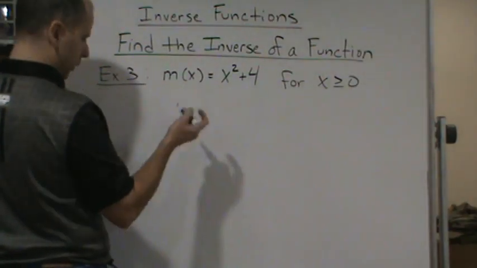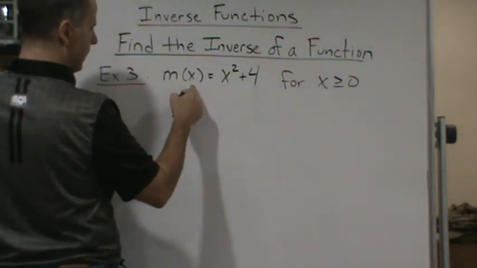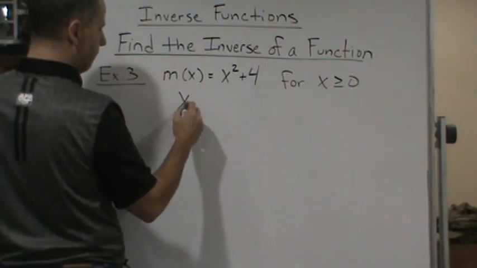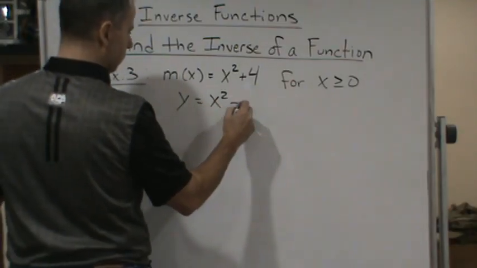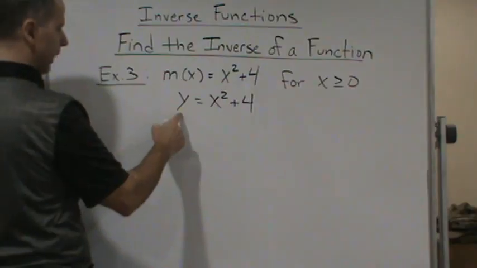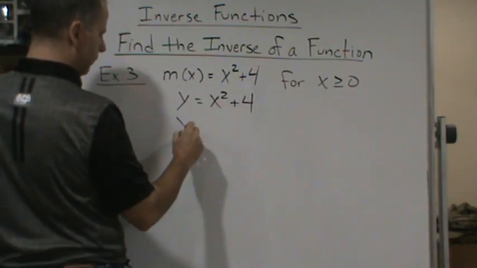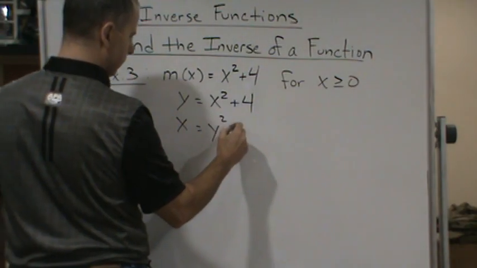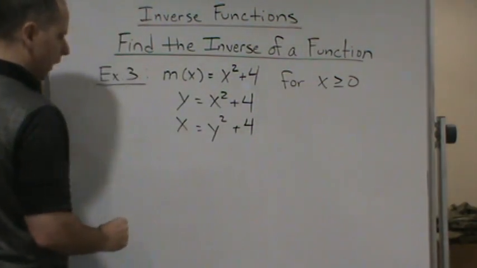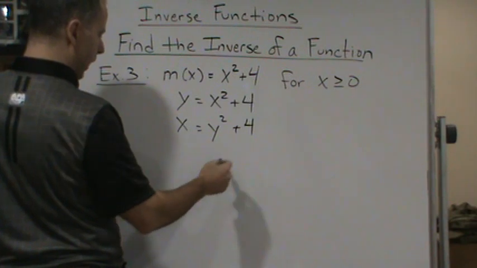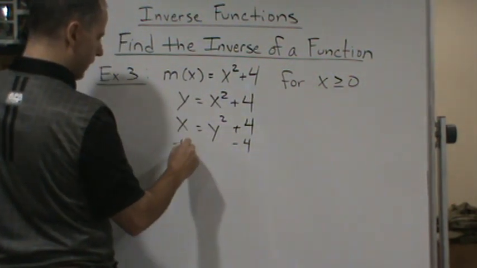So now, we're going to go through the steps. So we're going to replace m of x with y. And then we're going to exchange or swap x and y. And now we're going to solve for y. So now we're going to subtract 4 from both sides.